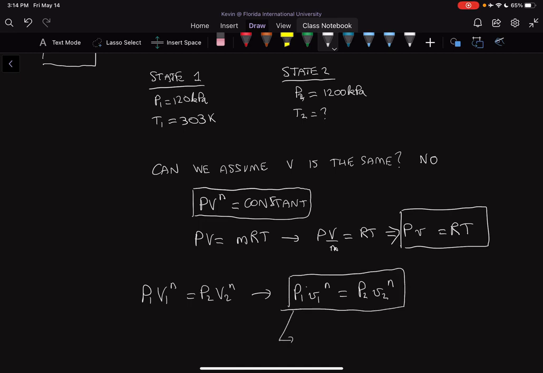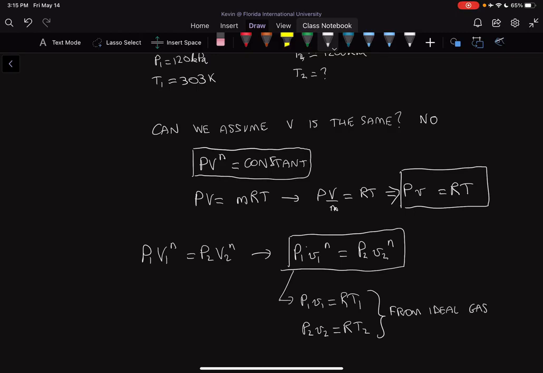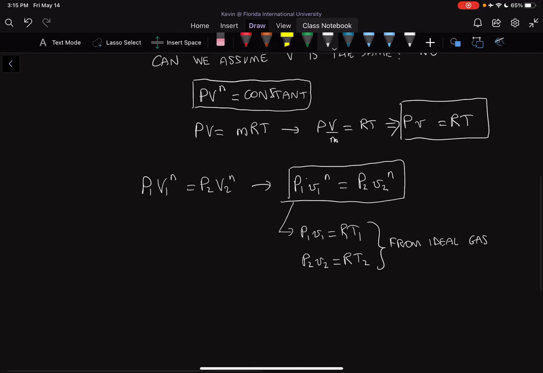And we can also write that P1 V1 is equal to RT1 and P2 V2 is equal to RT2 from ideal gas. Ideal gas is respected throughout. So we have two equations with three unknowns in each.